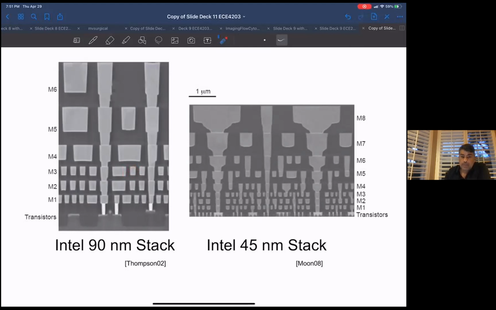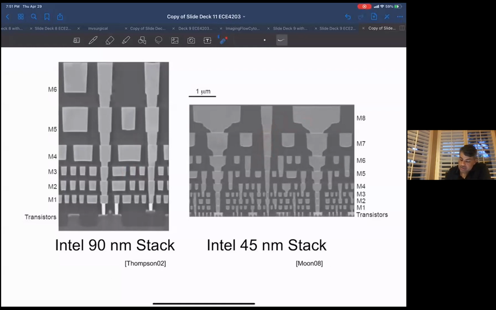The aspect ratios are going up, and you can see how extreme they are in the case of this 45 nanometer process. Look at this metal 7, say. You can see the height versus the width. So metal is starting to look less like a rectangle like this and more like a rectangle like that. Okay, so those are some of the things you notice.